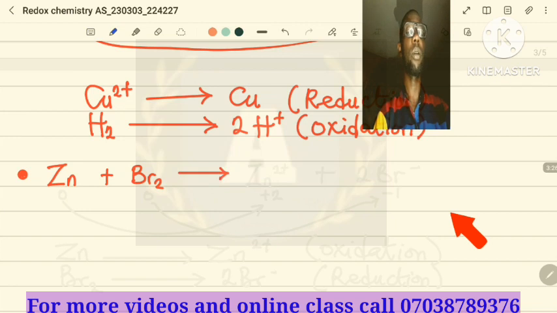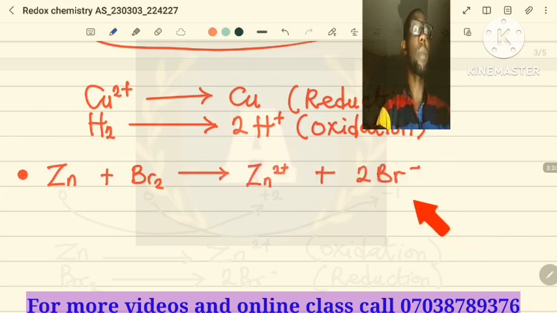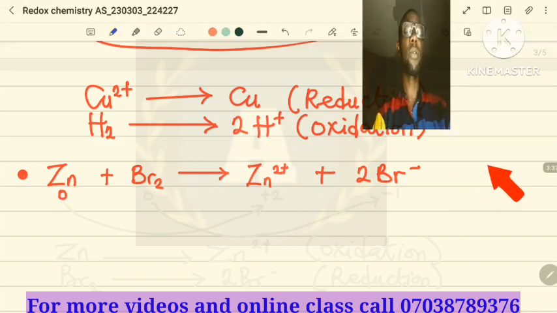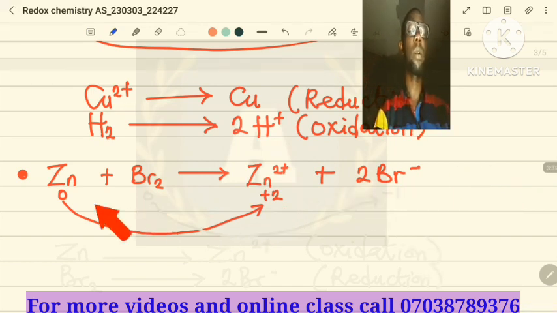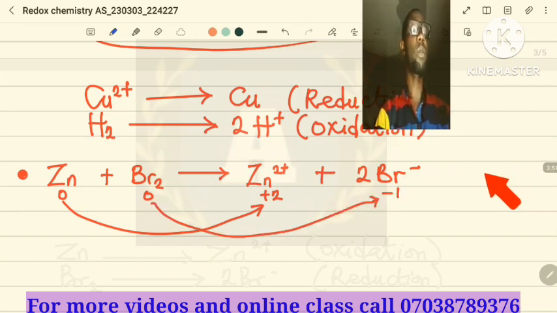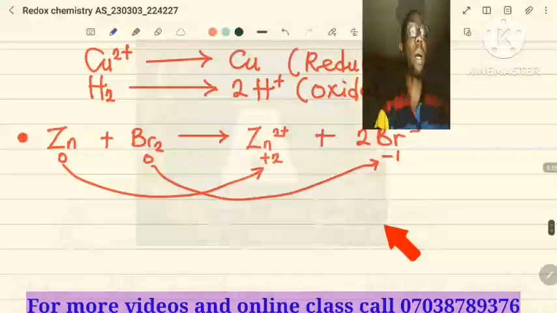Now more so, when we have zinc reacting with bromine to give zinc ion and bromide ion, the oxidation state for zinc here is 0 and there it is +2. Now zinc has been oxidized because there is an increase in oxidation number from 0 to +2. The oxidation state of bromine here is 0 and in bromide ion it is -1, which means the bromine has been reduced from 0 to -1.